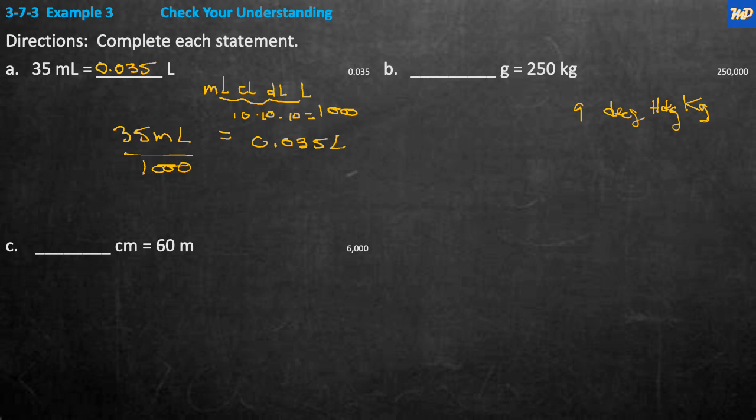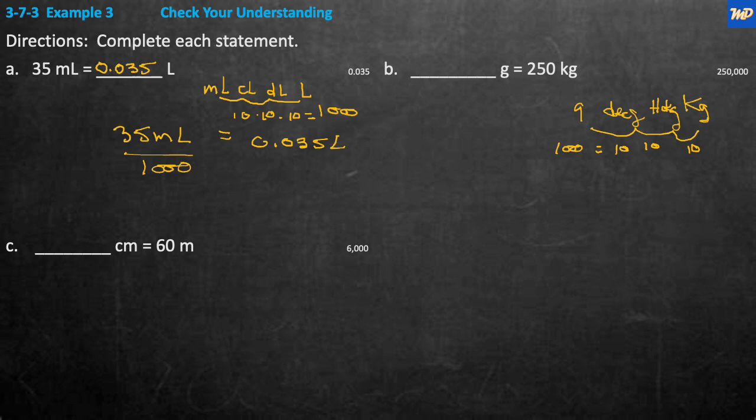In A, we went from left to right. We're going now from right, from kilograms to grams. We're going right to left. We're going to go 1, 2, 3 times. That's 10 times 10 times 10 equals 1,000.